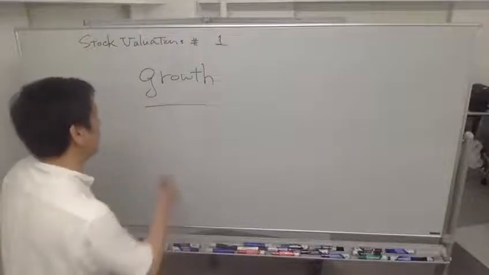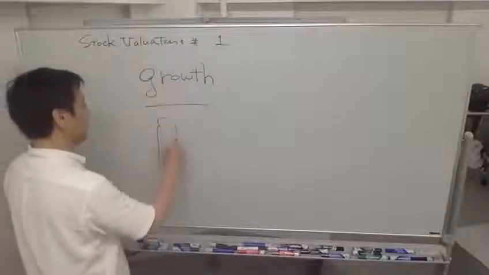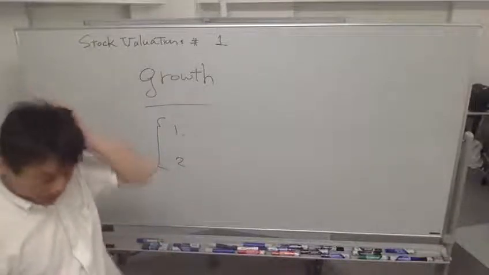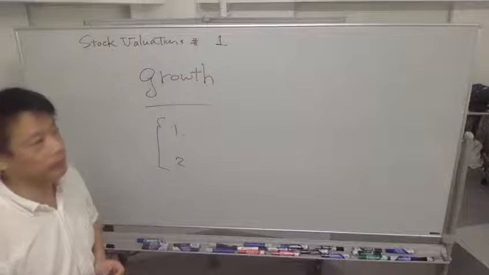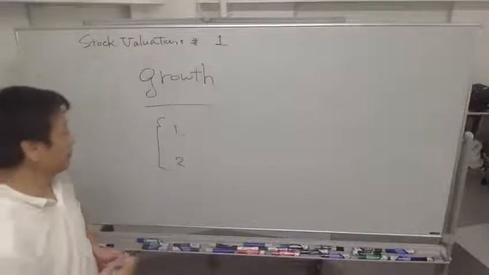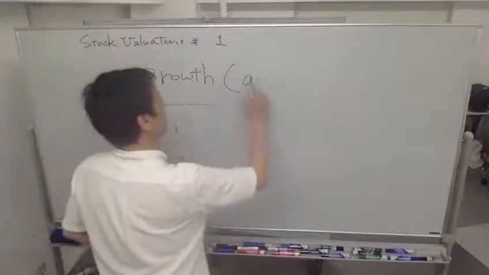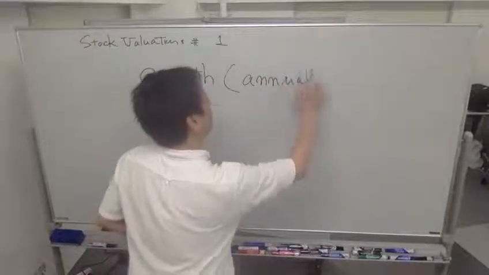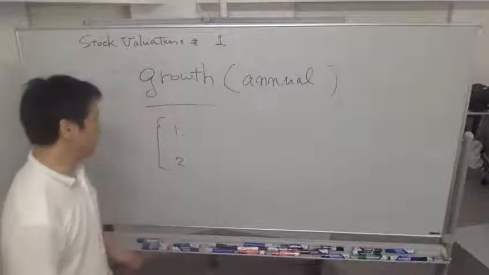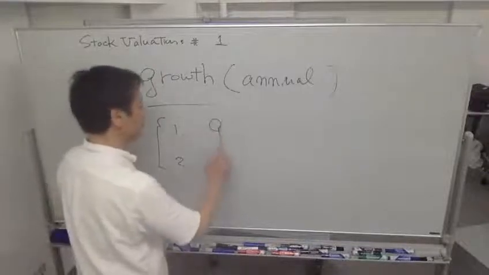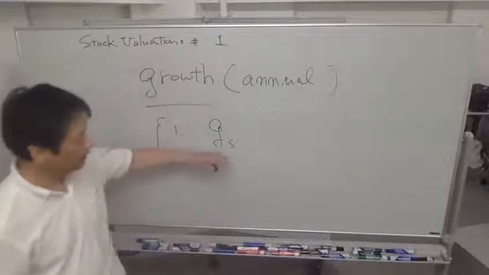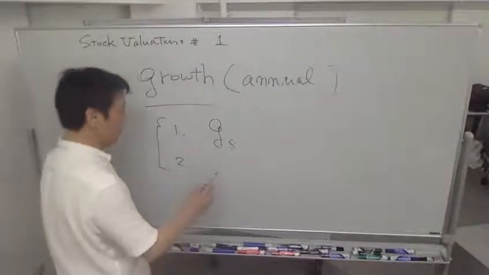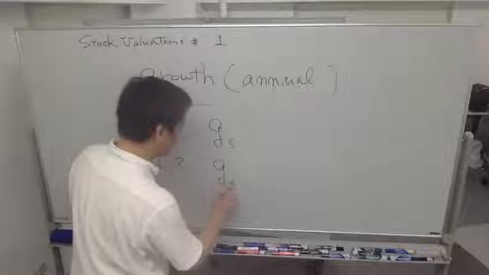Very shortly, mainly we have 2 types of annual growth rate. One is GS, simple growth rate. And secondly, compound.